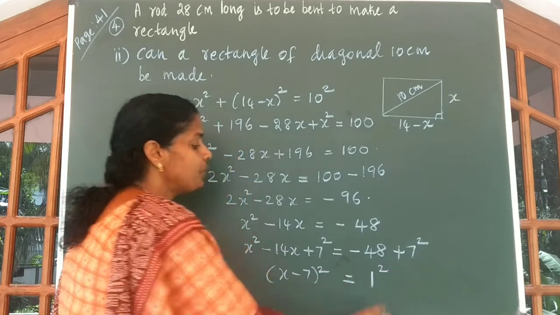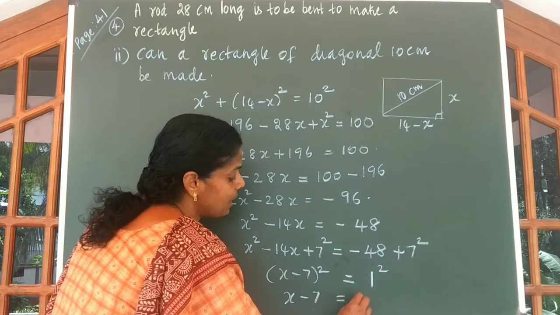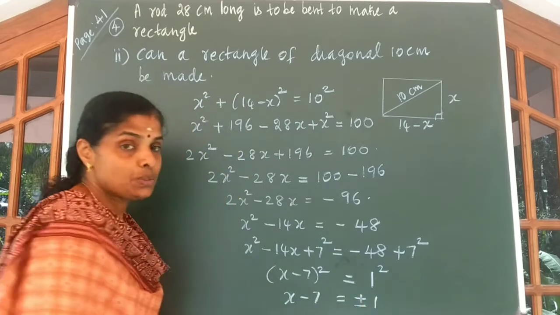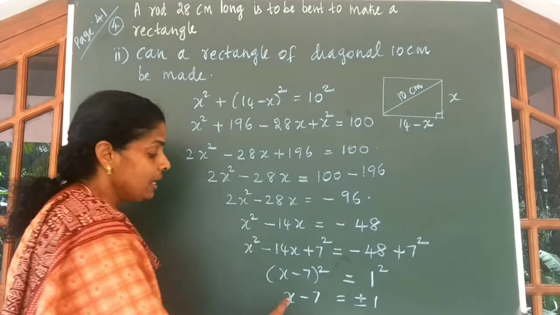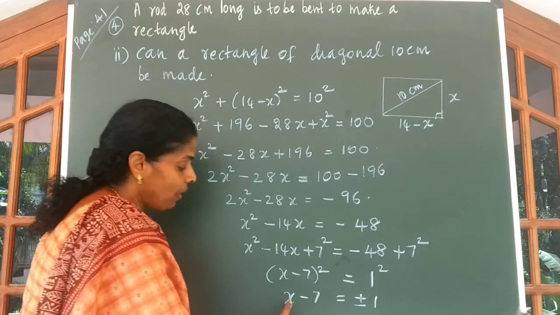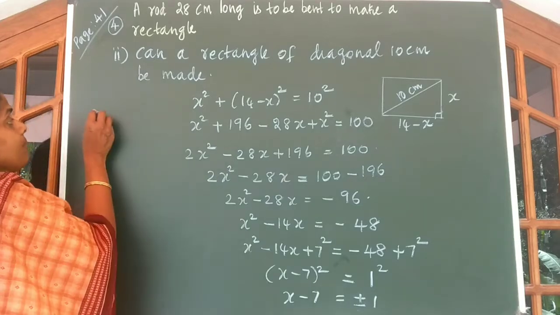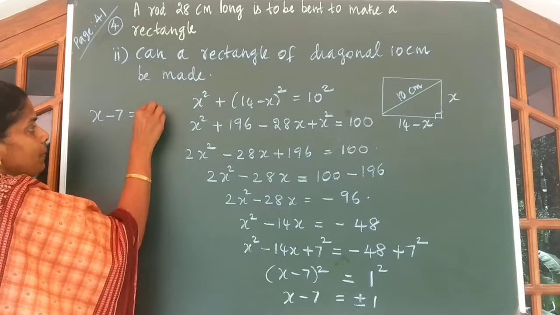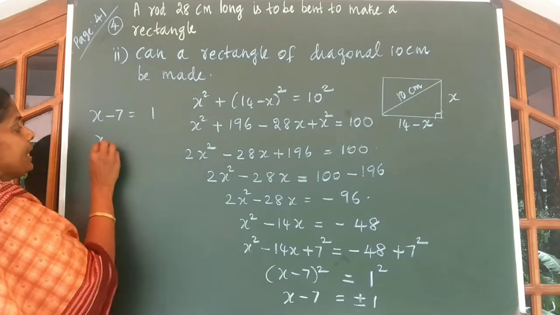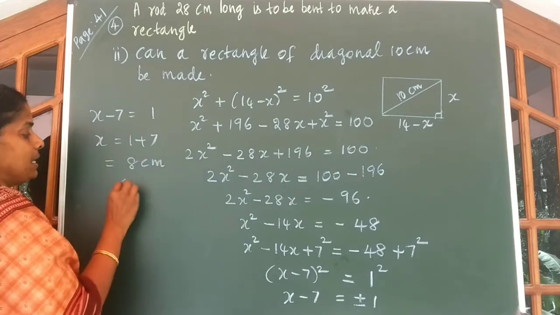Now taking root on both sides, we get x minus 7 is equal to plus or minus 1. Now we can say x minus 7 is equal to positive 1. Then you get x is equal to 1 plus 7, which is equal to 8 centimeter.